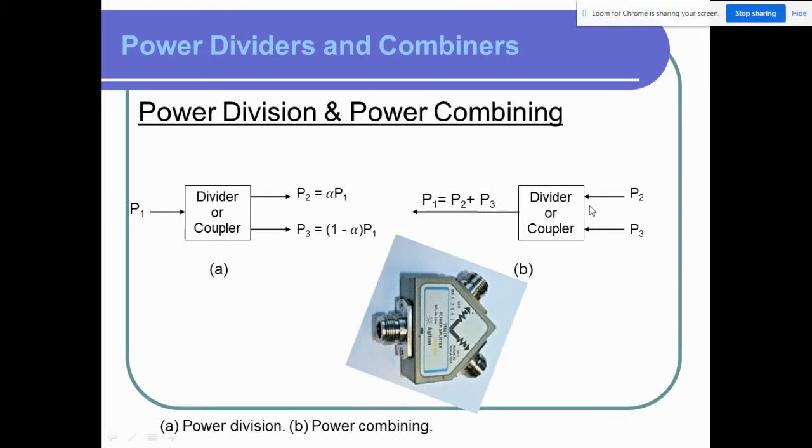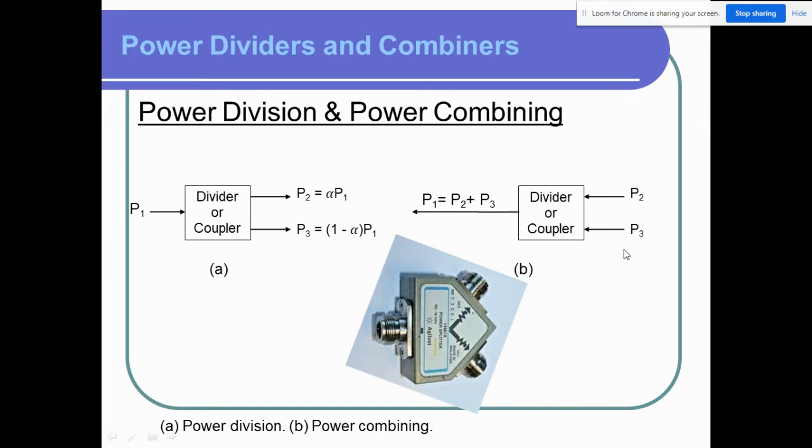In a similar way, when two different powers are incoming, it can be different signal power or the same signal with different power. The same signal means the same frequency with different power, or the same power with different frequency, or different frequency with different power. What it will do is simply add them here and give us P1.